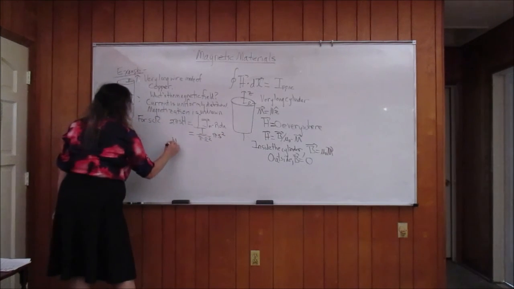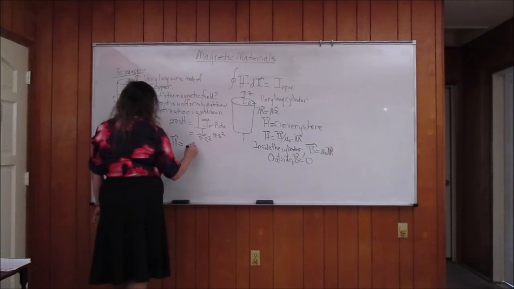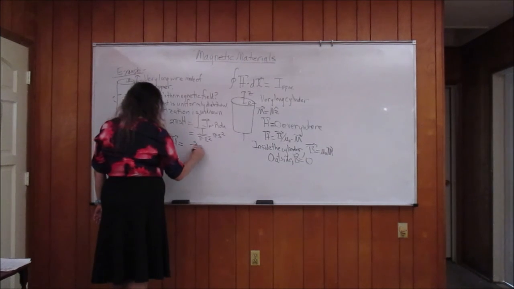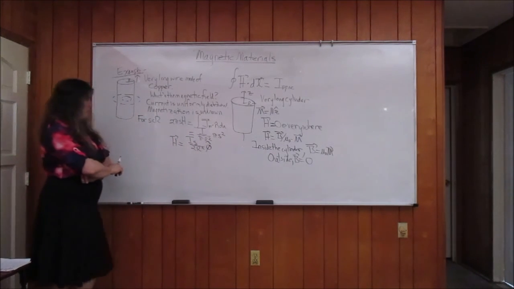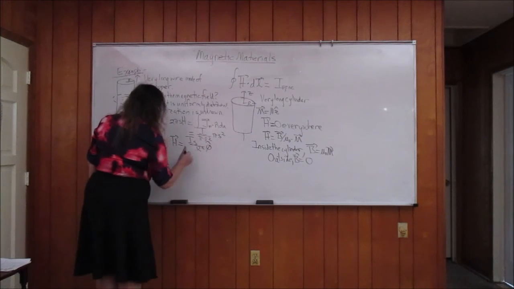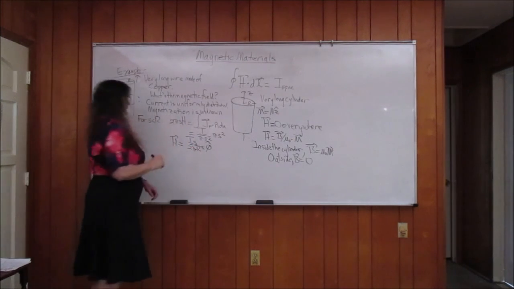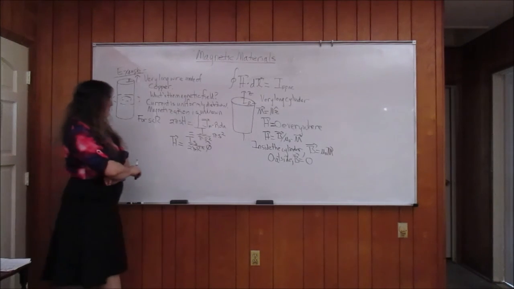So therefore, H inside is equal to I s over 2 pi r squared, and that'll be in the circumferential direction. Can't leave off that pi. Okay?